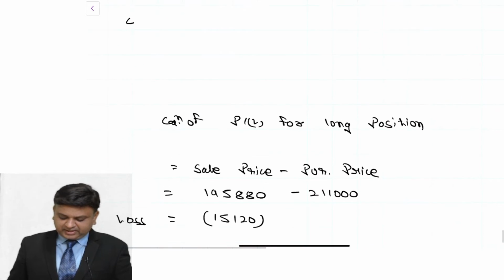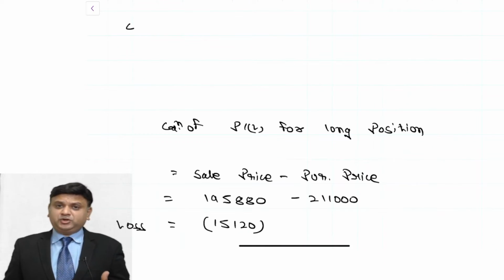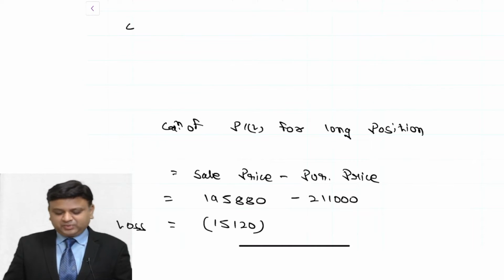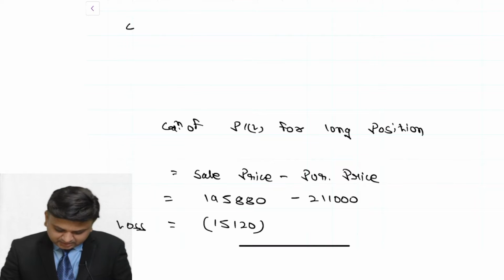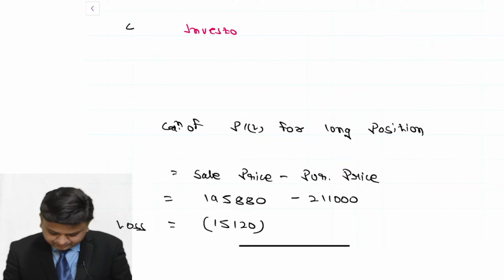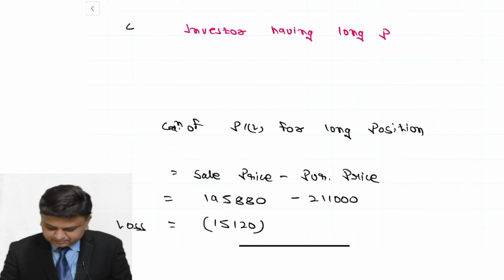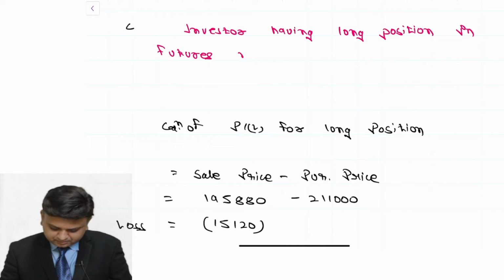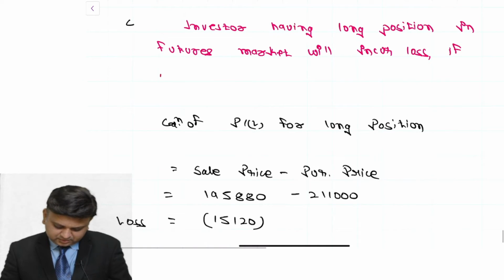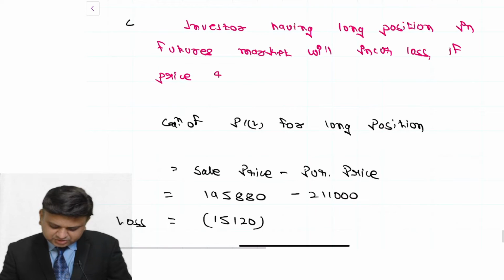The question says that you are required to first of all give answer that he will have a profit or loss. So now based on this value we can always understand: an investor having long position in futures market will incur loss, if price reduces.